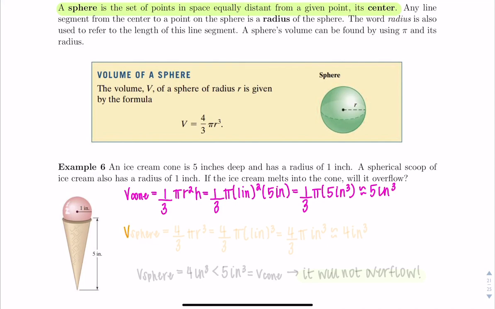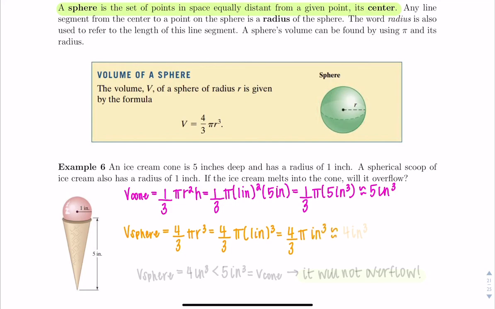Now let's look at the volume of the sphere, or the ice cream scoop. This one is given by 4/3 pi r cubed. Well, our r in this case is still 1 inch. And so that gives us 4/3 pi cubic inches.